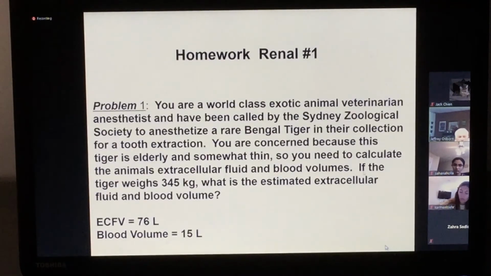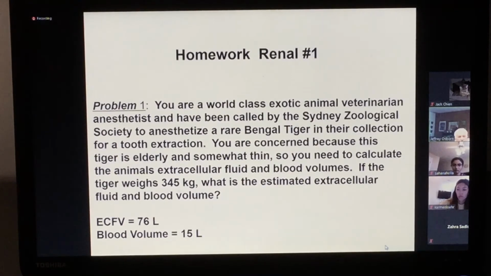Homework problem. I want you to do this problem. You're a world-class exotic animal veterinary anesthetist, and Sydney calls you up to anesthetize their rare Bengal tiger collection. You're concerned because this tiger is elderly and somewhat thin, and you need to calculate that animal's extracellular fluid and blood volumes. If that tiger weighs 345 kilograms, what is the estimated extracellular fluid and blood volume?